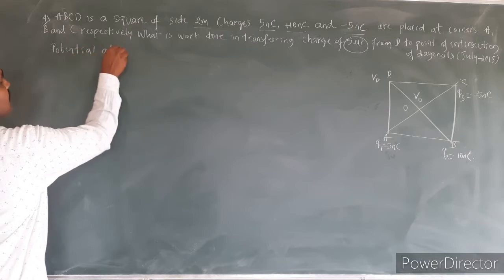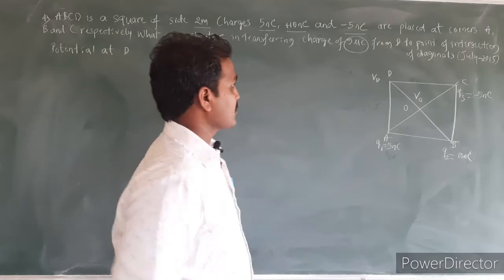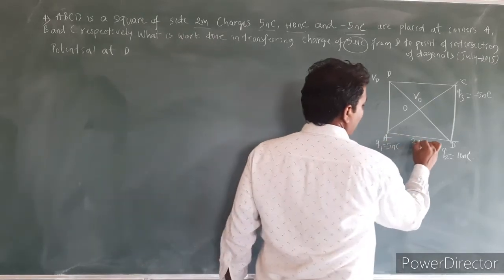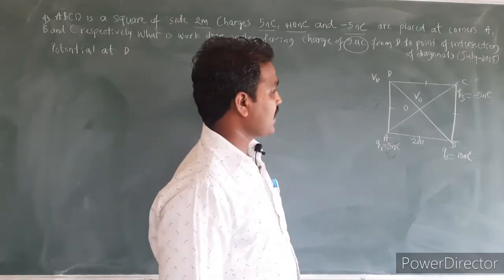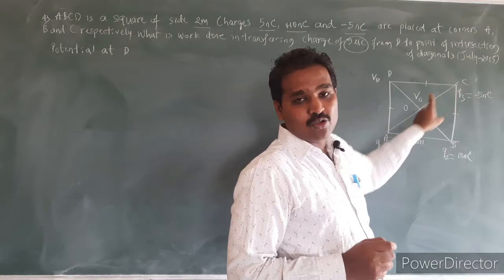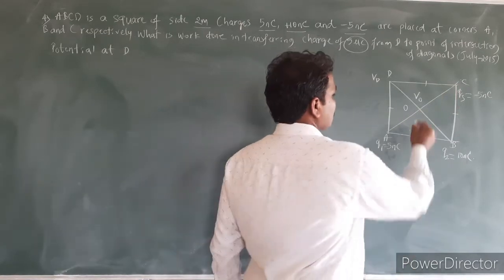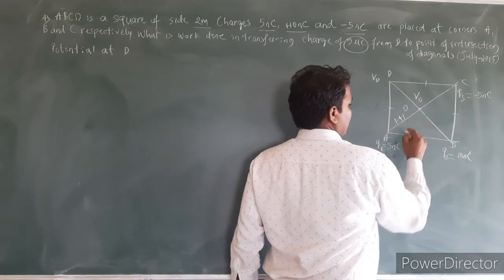Potential at D because of these source charges, and the side length is given to be how much? 2 meters. All sides are equal to 2 meters. And if I calculate the value of AC, it comes to somewhere around 2.82. So this A to O is 1.41 meters.